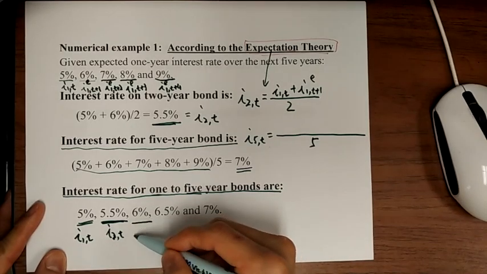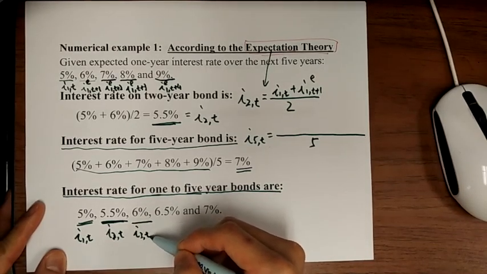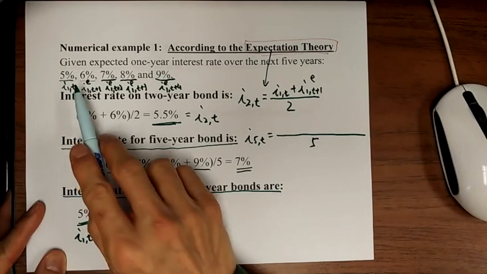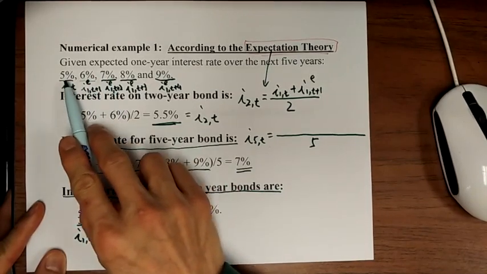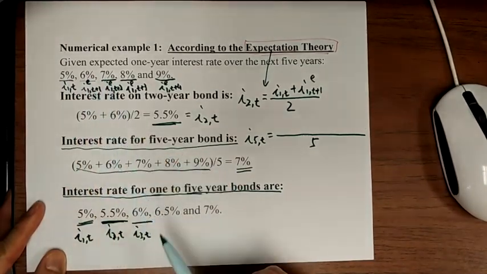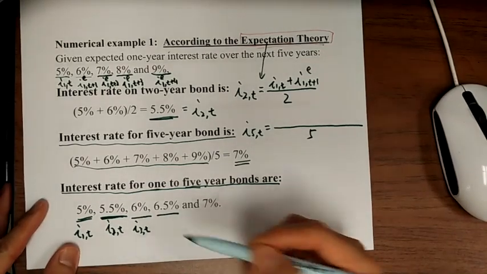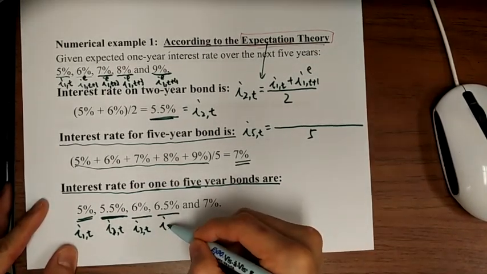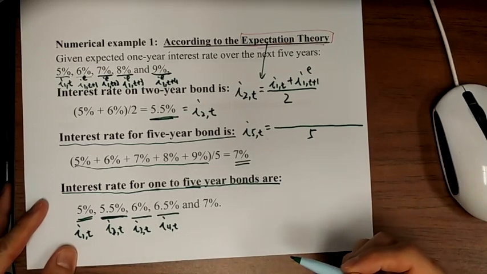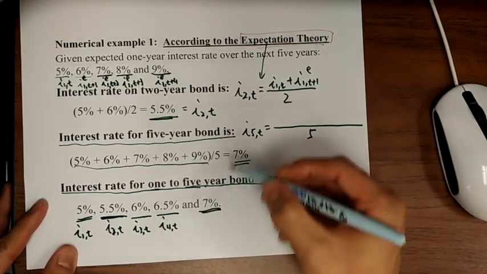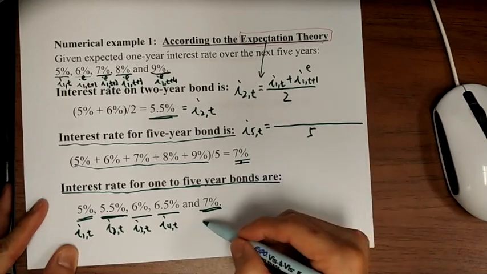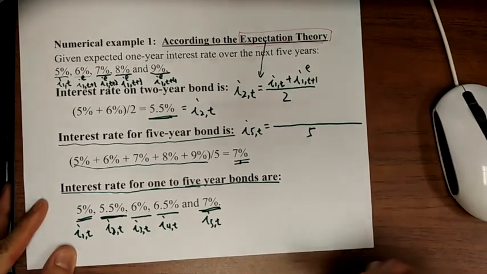The answer is I3T, the average of the next 3 one-year bond interest rates. So it's the average of 5, 6, and 7, which is 6%. So what is this 6.5%? It is the I4T. What is this 7%? That's exactly here, I5T.